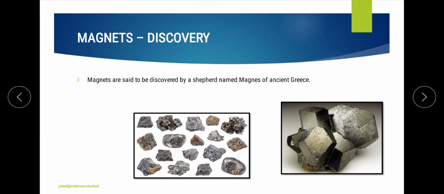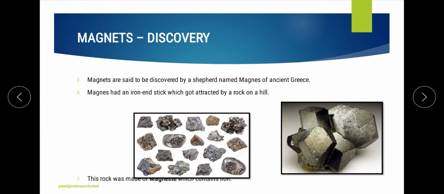What exactly happened is the person was moving on a hill where the iron end of his stick got attracted by a rock on the hill, and when the person took that rock out of the whole big chunk of rock, the person found out that it was showing the magnetic force with other iron articles as well. So that is how the discovery took place.